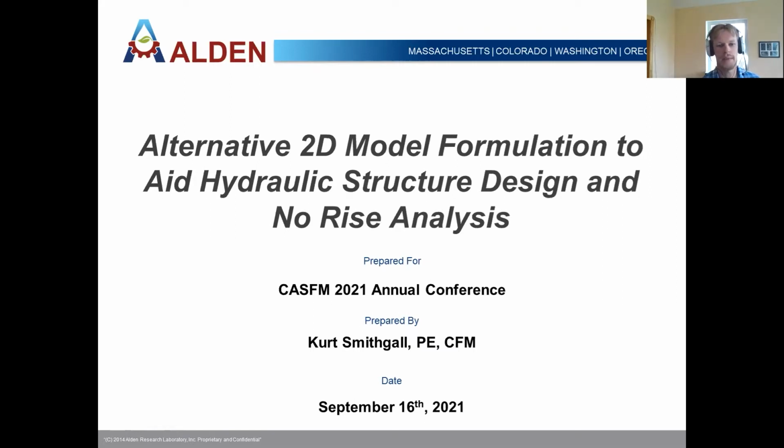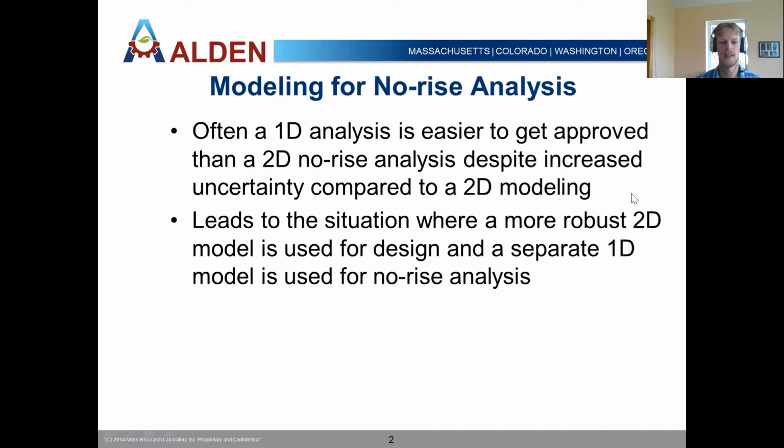Today I wanted to present on alternative 2D model formulation to aid hydraulic structure design and no-rise analysis. When you're modeling for a no-rise, often it's easier to perform a 1D analysis because that's what's more commonly accepted. Most often your legacy effective models are 1D, and a uniform accepted 2D approach still hasn't quite been established yet.